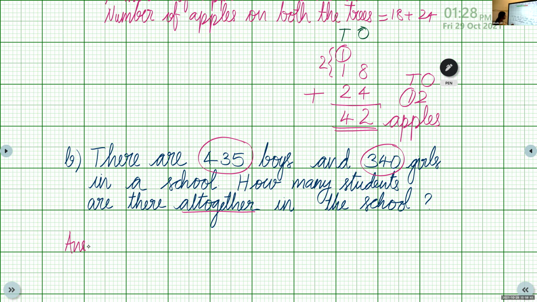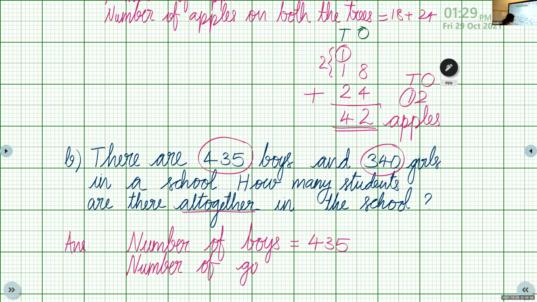The first step, number of boys. You can see here it's 435. All of you please write the answer. Now the next line we can write number of girls. It's 340.